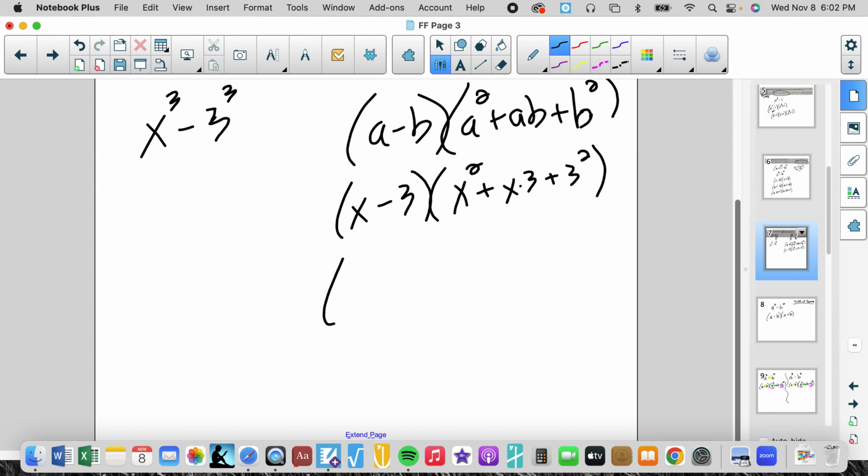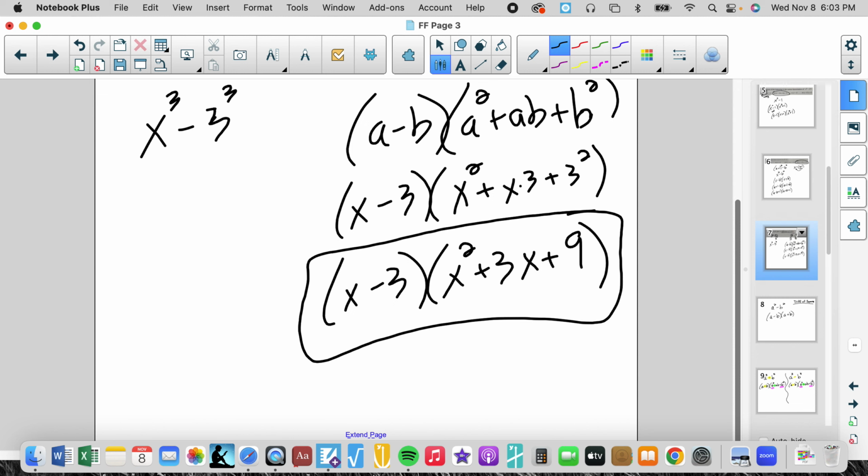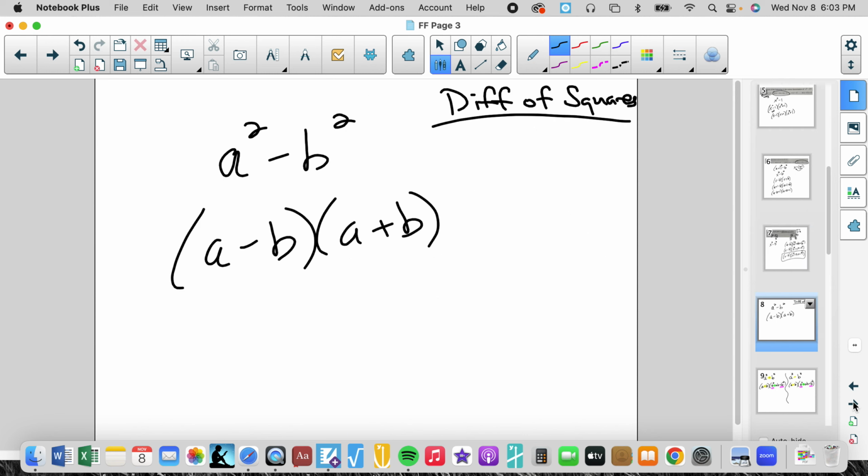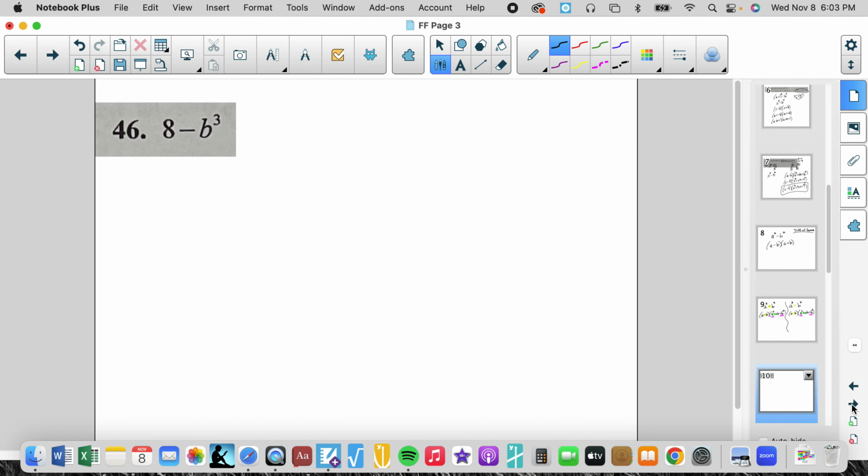So that'll be x minus 3 times the quantity x squared plus 3x plus 9. Oh yeah, if you can get that down, you'll notice it's going to be real fast how we make these solutions, because it should be fast. It's really not that difficult. They run into the same situation, and as long as you can see the base of each cube, I may have said squared before, cube, that's good.